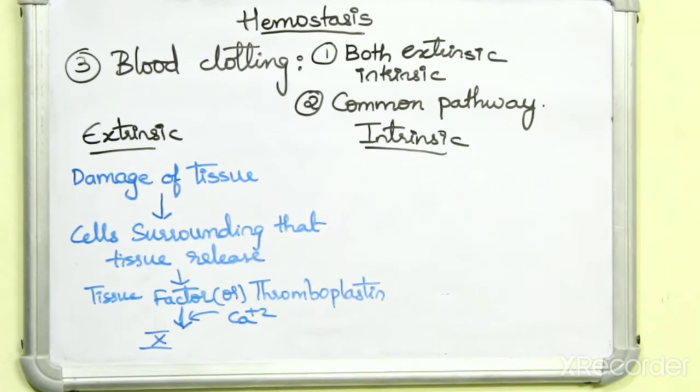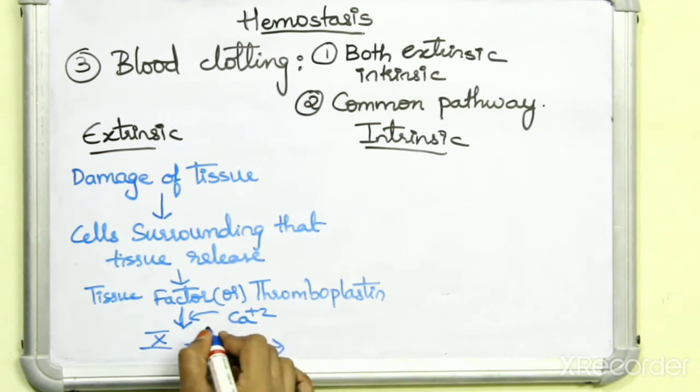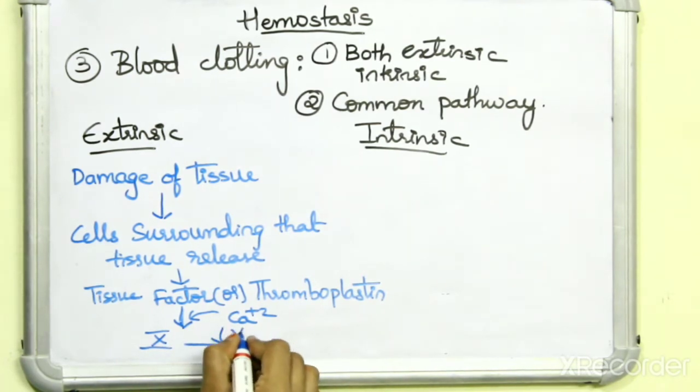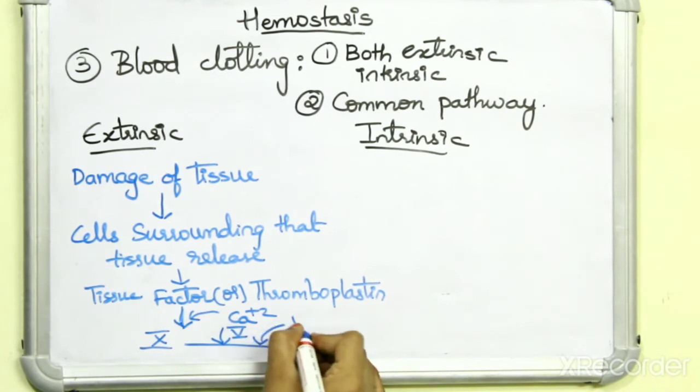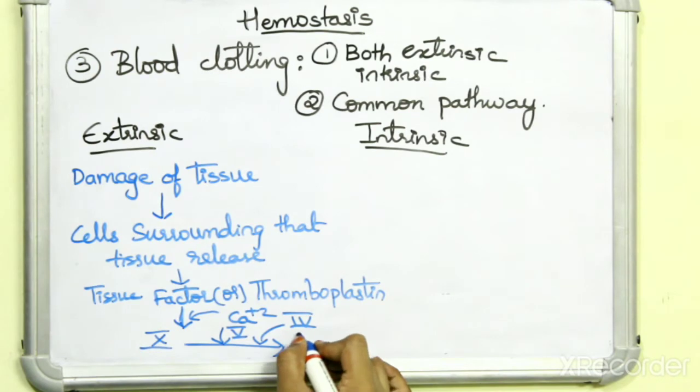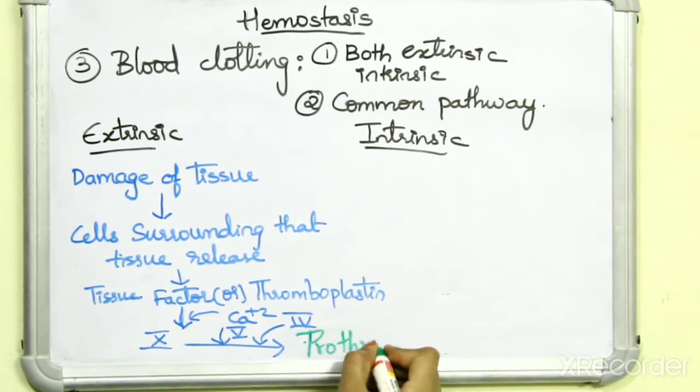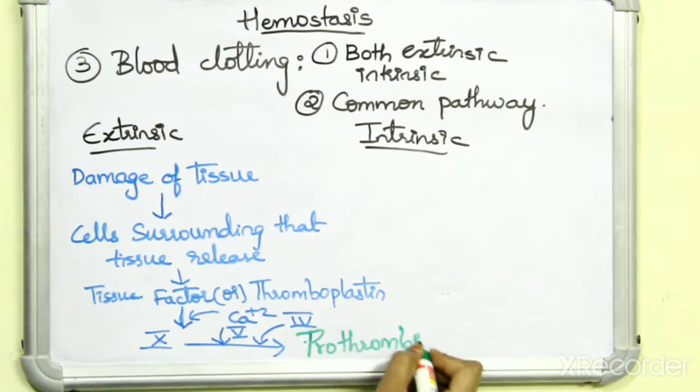Now this activated factor 10 in turn helps in the formation of an enzyme in the presence of factor number 5 and also factor number 4. Factor number 4 is nothing but calcium itself. And the enzyme which is synthesized by this is prothrombinase.